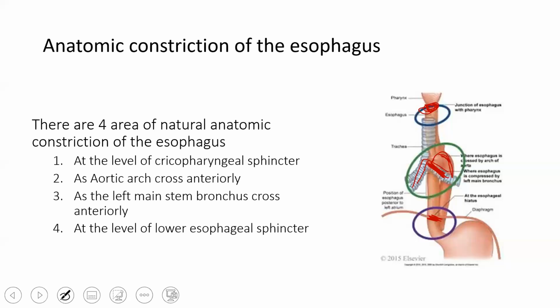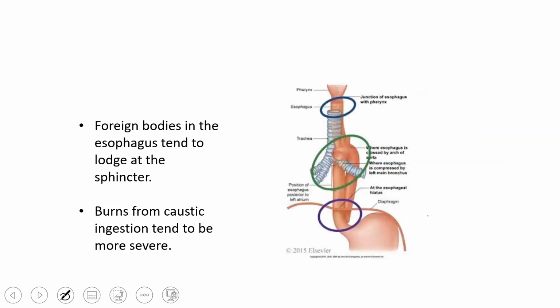We said one is up at the cricopharyngeal sphincter, all the way down at the lower esophageal sphincter, and 2 in the middle, where the aorta crosses or where the left main bronchus crosses anteriorly. Why is it important? For foreign bodies, correct? These are the main areas where a foreign body dislodges. So the expectation is that the foreign body stops at one of these: either at the junction, or at the aorta crossing, or the left main bronchus crossing anteriorly, all the way down to the lower esophageal sphincter.